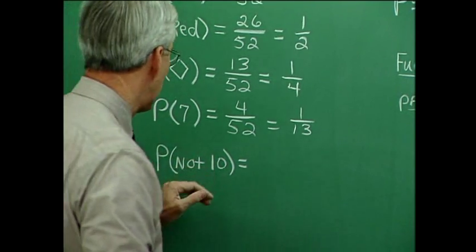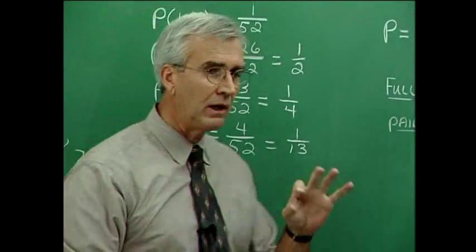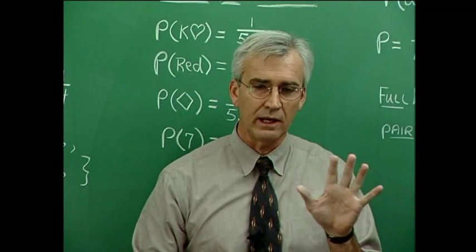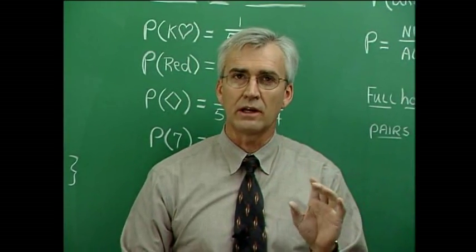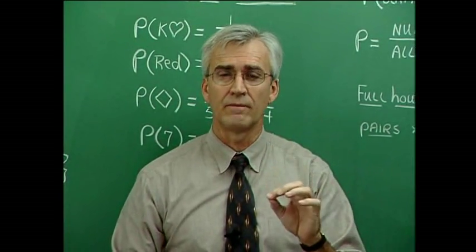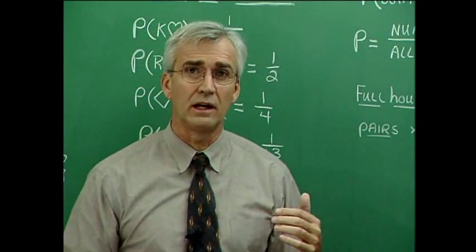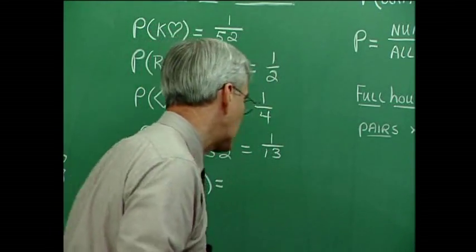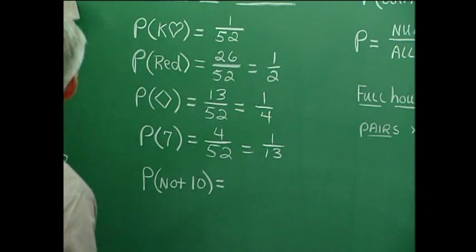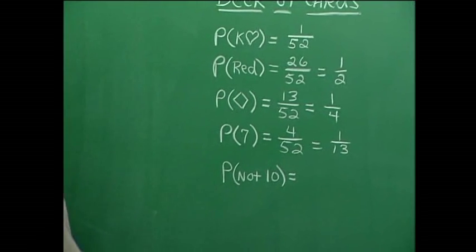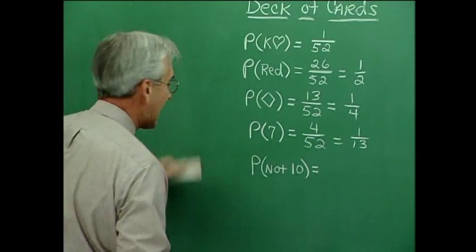It's a little easier, though, in calculating the probability of not 10. This complement idea comes into play here. It's a little easier to count the cards that are 10s and then make a calculation for the probability of not 10. Now let me show you what I'm talking about here. Just conceptually, the notion of 10s and not 10s is the notion of complements adding to 1.